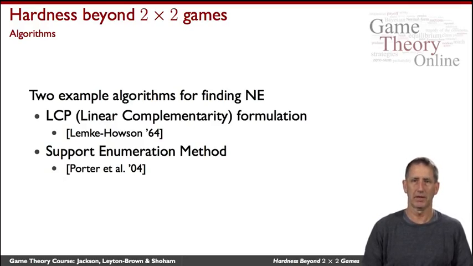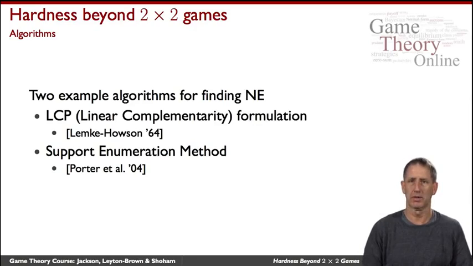These are two out of a long line of algorithms that have been investigated, and these are sort of two extremes. One of them starts with a mathematical formulation of the problem called a linear complementarity problem. And once you set it up as a mathematical optimization problem, you can apply various algorithms to that.